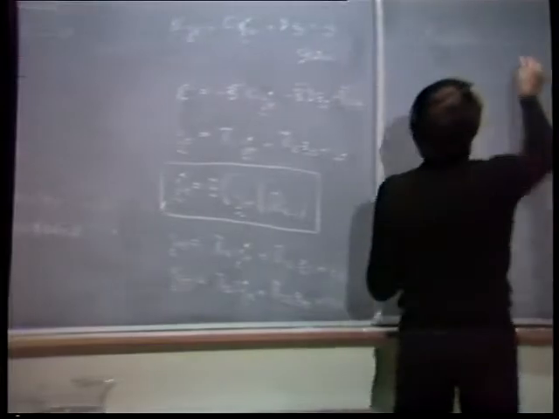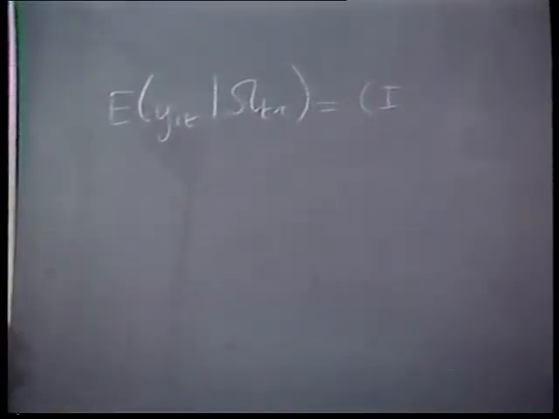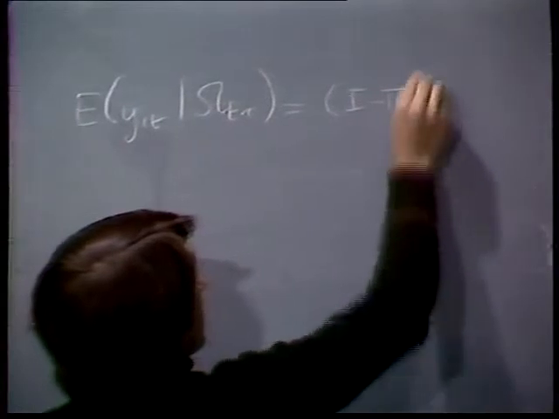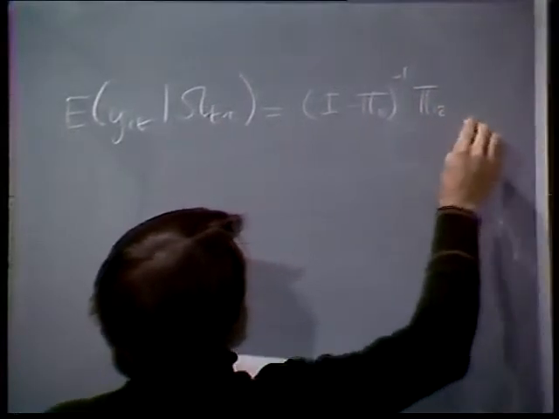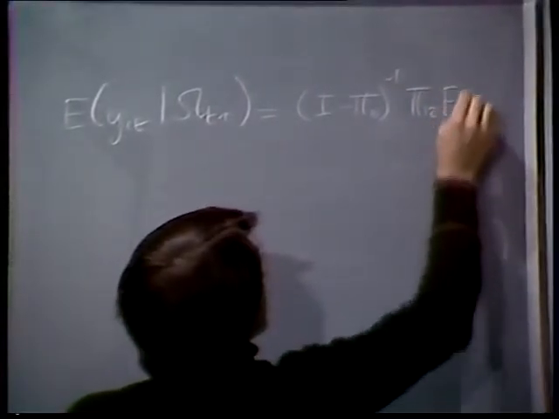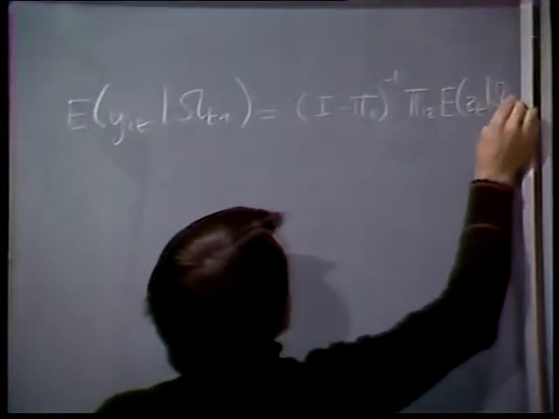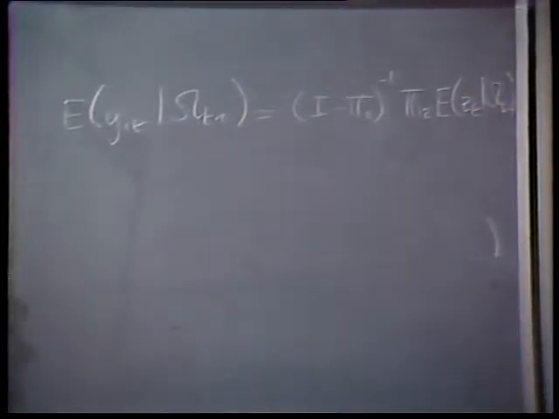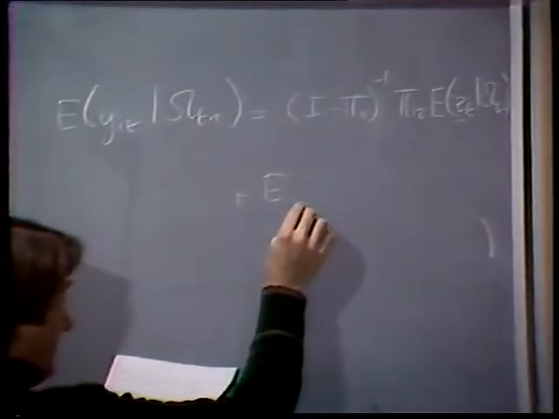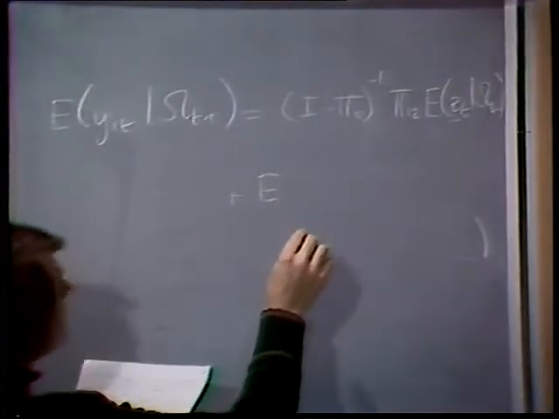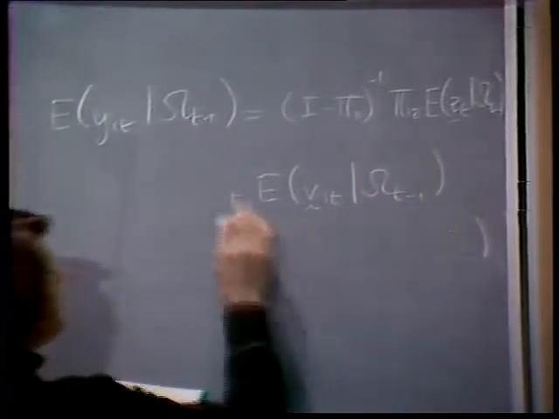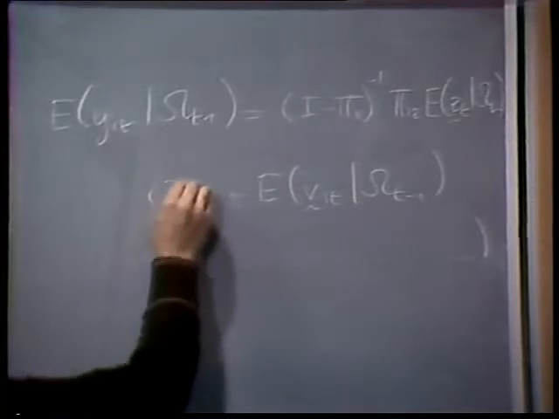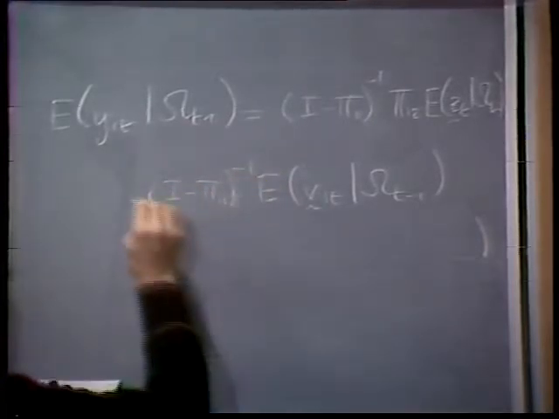So that the result of that is that expectation is I minus pi 1 1 inverse into pi 1 2 times the expectation of zt conditional on all the information up to time t minus 1 plus the expectation of v1t conditional on all the information up to t minus 1, and we should also have I minus pi 1 1 inverse there.